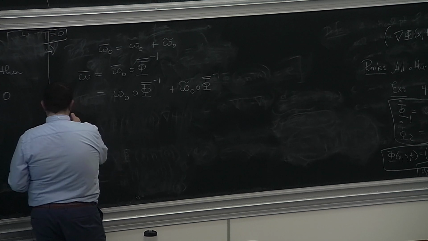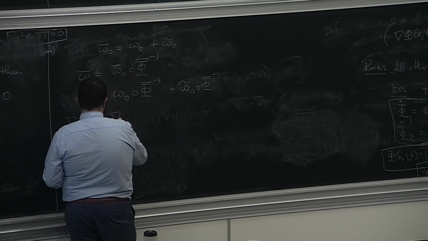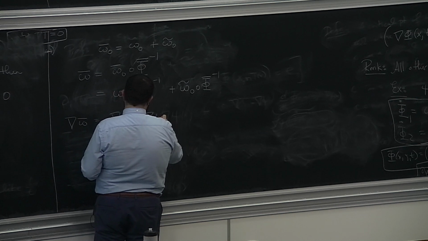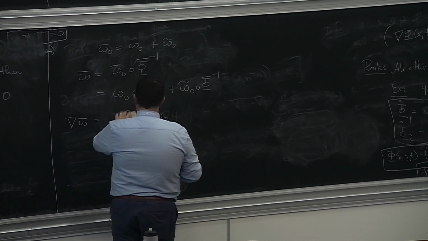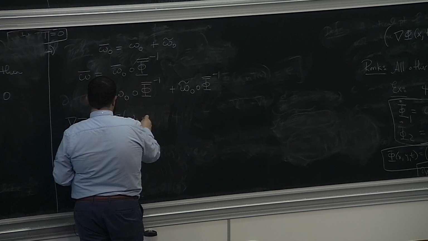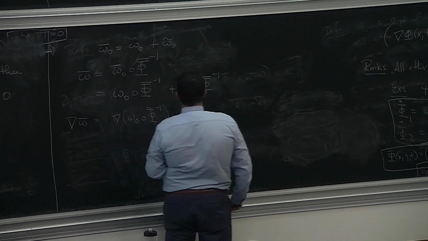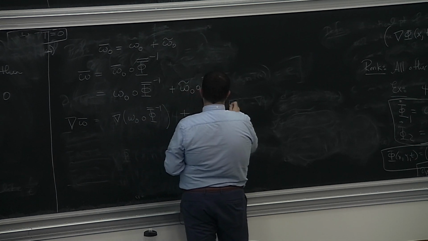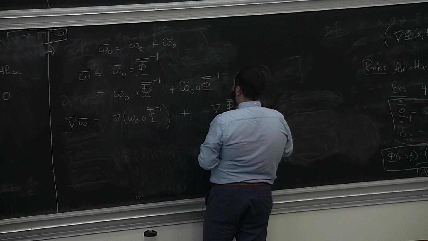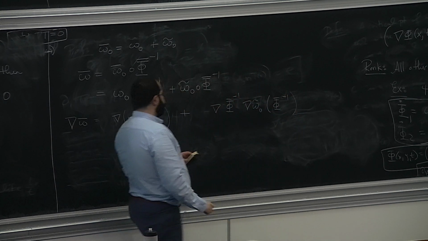So gradient omega bar is just gradient phi bar inverse, and I write this one out, gradient omega 0 tilde evaluated at phi bar inverse.